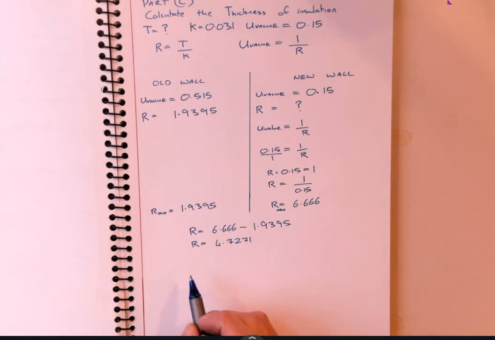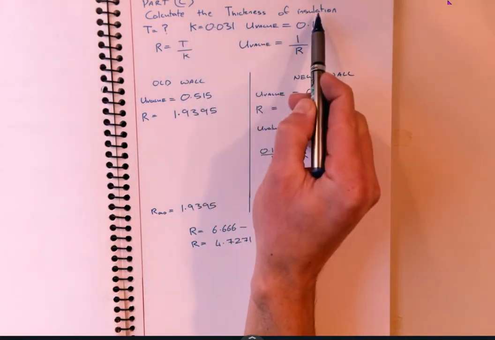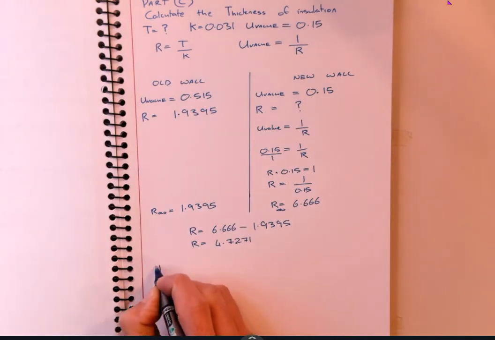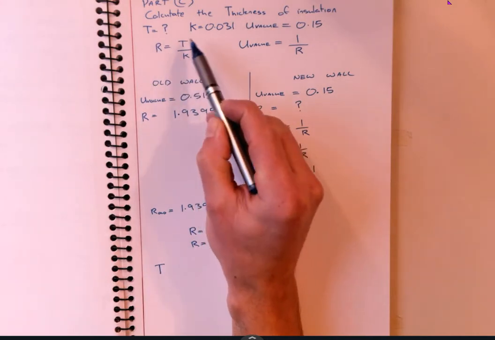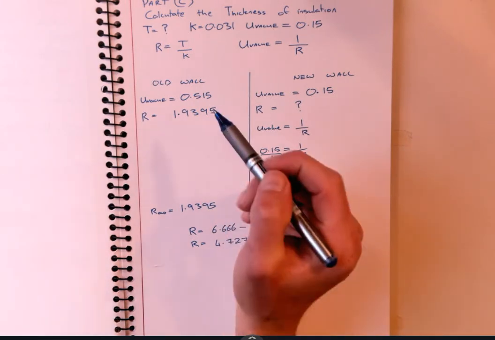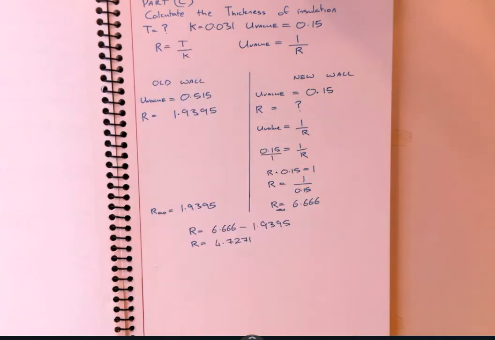Now back to the very start of the question. Originally we said the very first thing we wanted to do was calculate the thickness of insulation. That was our T measurement. So we need to calculate the thickness, and we had our formula here, which was R equals T over K. At the minute, I now have my resistance measurement.